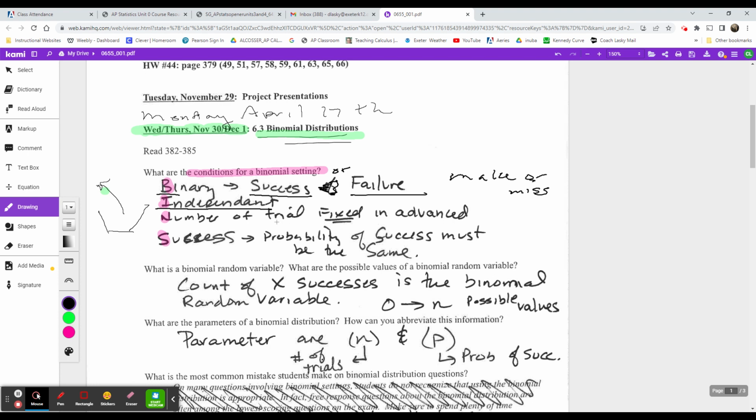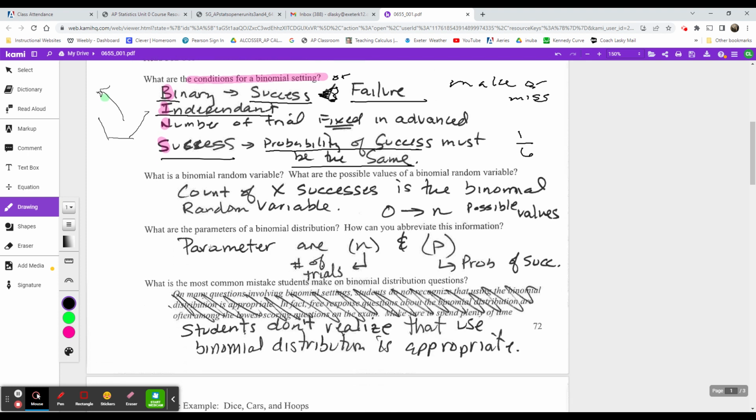So if it's got to say 10 trials or 20 trials, it's got to say it in advance. And success, the probability of success must be the same all the time. So in other words, rolling a dice to get a six, no matter what roll it is, you get 1/6. That's your chance of rolling a six. So the probability of a success must be the same across the board.